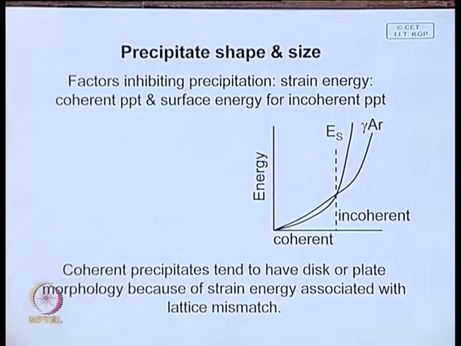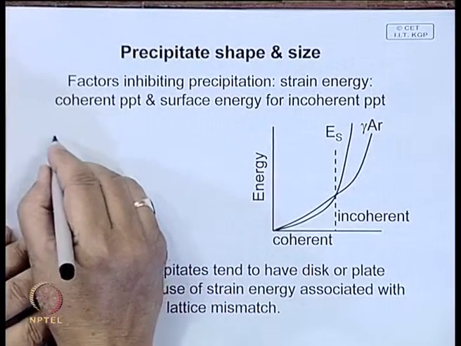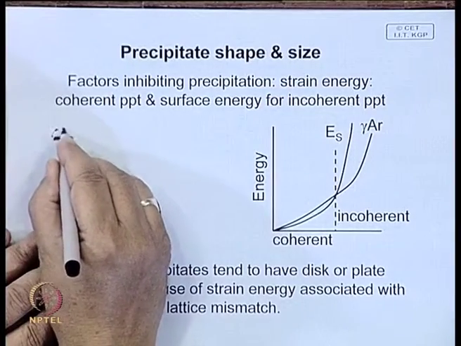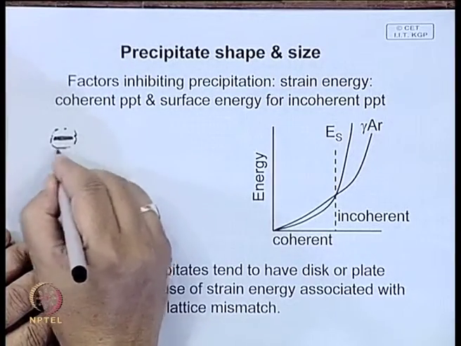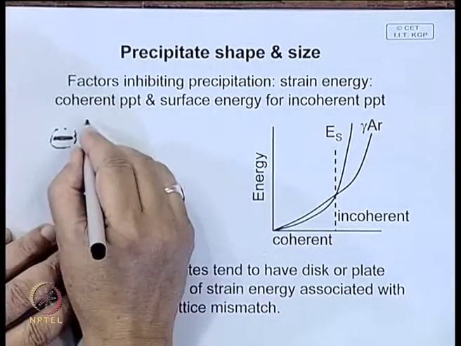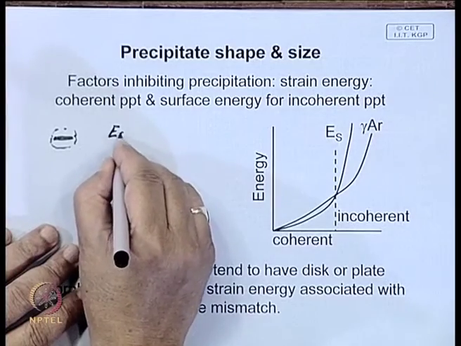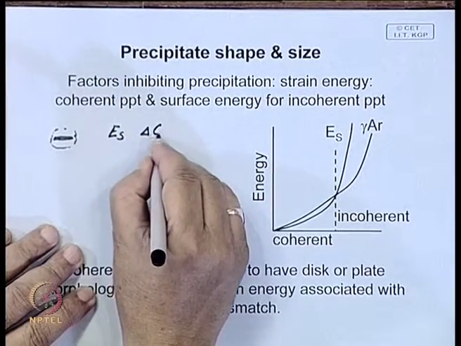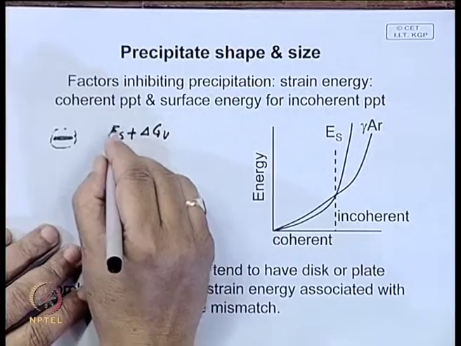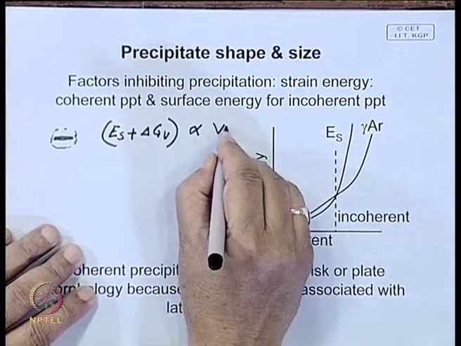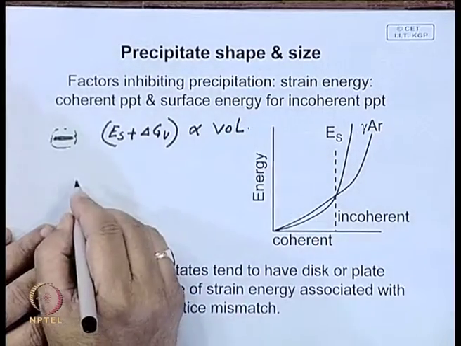Now, a point about whenever a precipitate forms, even if it is coherent, there will be a strain field associated with it around that. So, there will be a strain energy apart from the volume free energy, and this will be proportional to the volume of the precipitate.